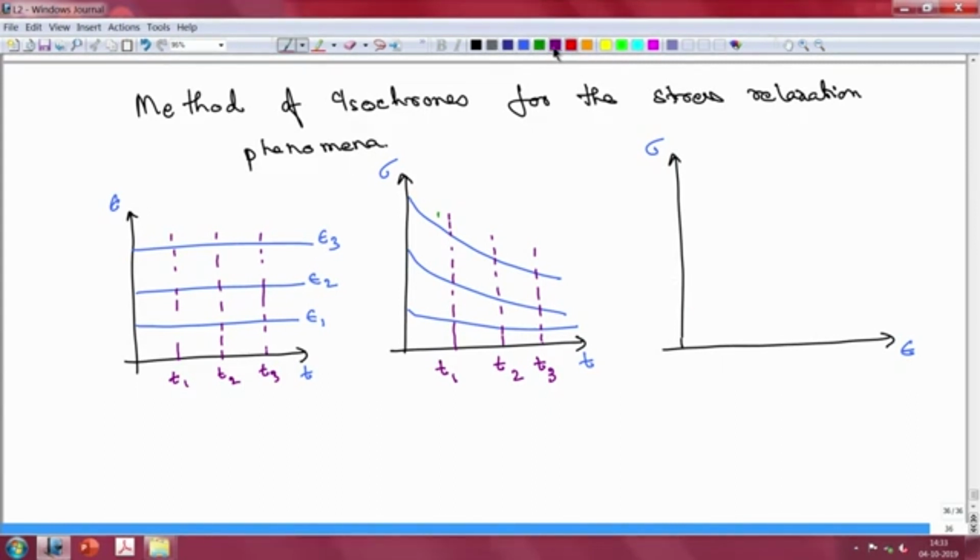So, if linearity holds, what you will have is a set of data points that will give you a straight line, and this slope is now given by G of t1.